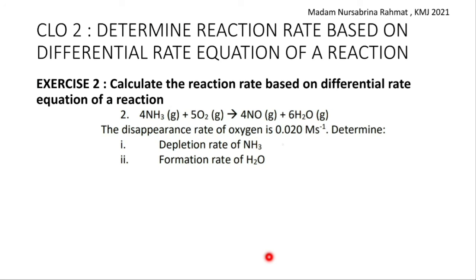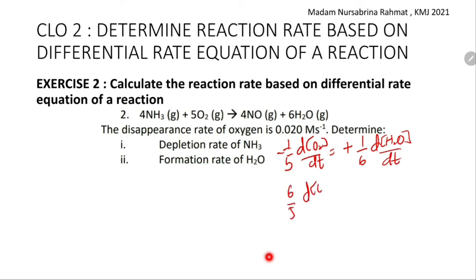So negative 1 over 5 d[O2]/dt equals to positive 1 over 6 d[H2O]/dt. Then I'm going to rearrange the numbers and ignore the sign. So 6 over 5 d[O2]/dt equals to d[H2O]/dt.